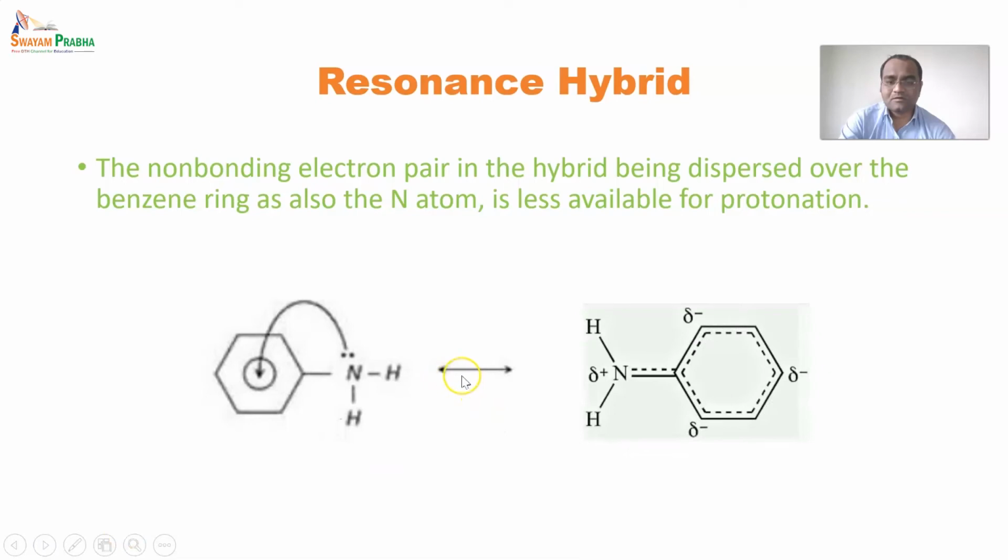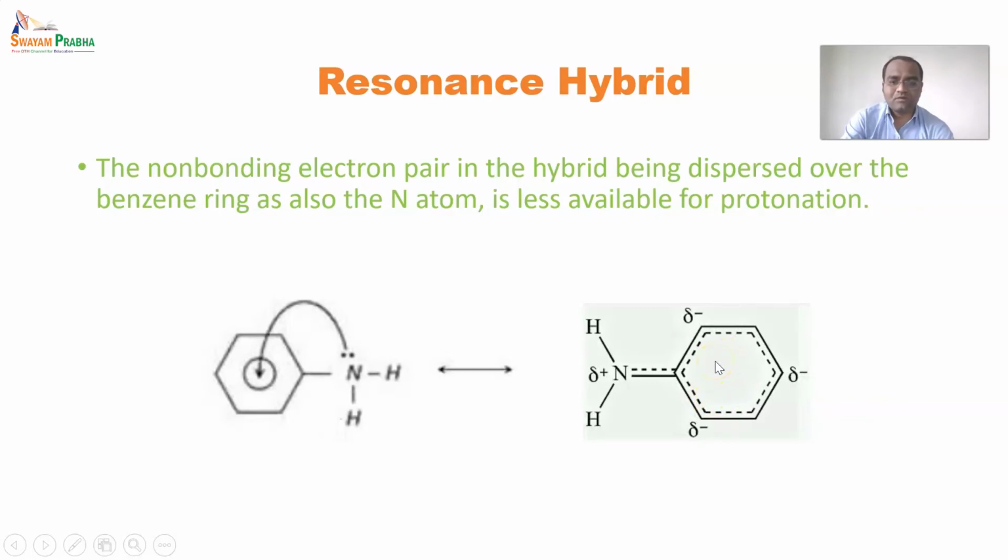And for the resonating structure, shown with a double-headed arrow, it can be understood this way: the non-bonding electron pair has been dispersed and is now forming partial bonds in between with the pi bonds in the ring, so they are all equivalent, but now the charge has been distributed.